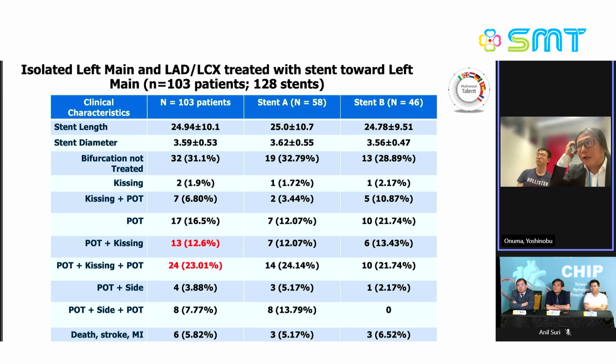We have seen some of the techniques used in contemporary left main treatment. You can see that POT-kissing-re-POT is the most commonly used strategy.